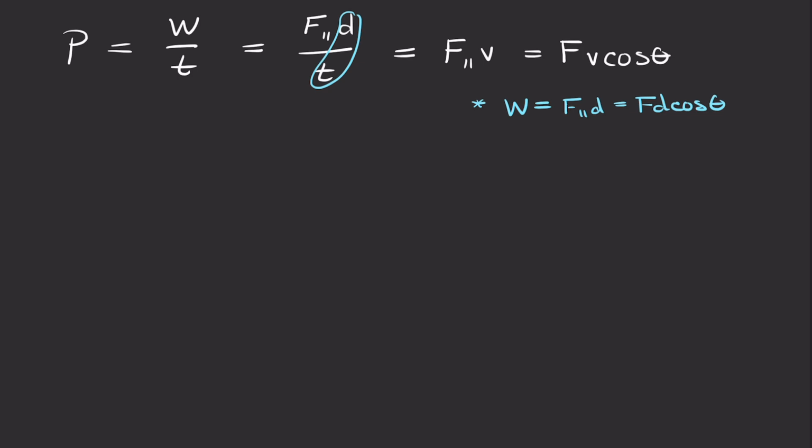So this may be another way of finding power if you're given the velocity. And then again, if theta is just 0 degrees, so your force is in the same direction as your velocity, then your power becomes just the force times that velocity.